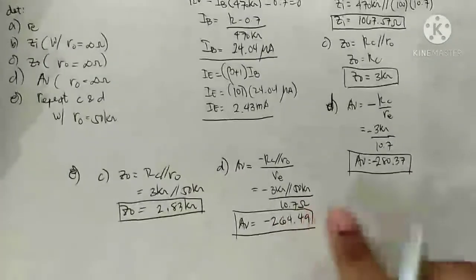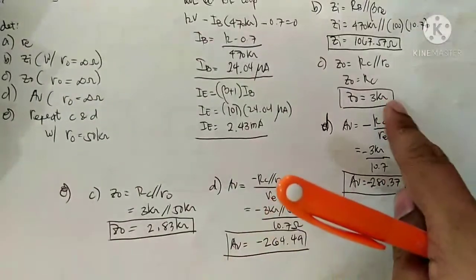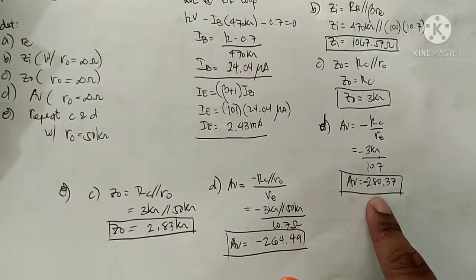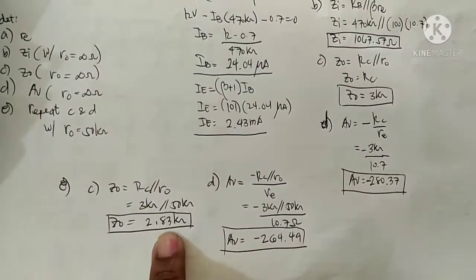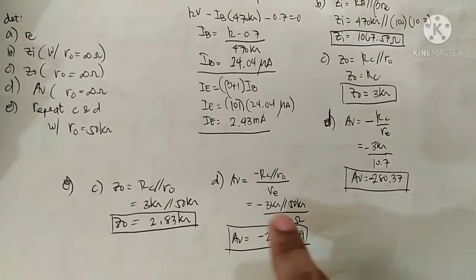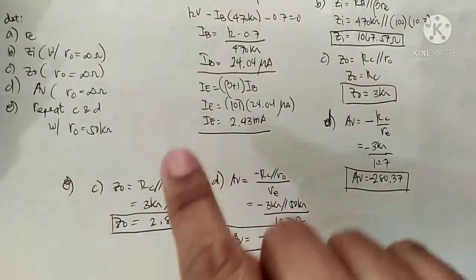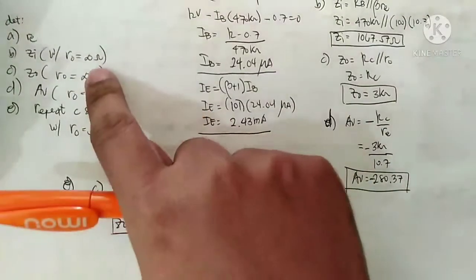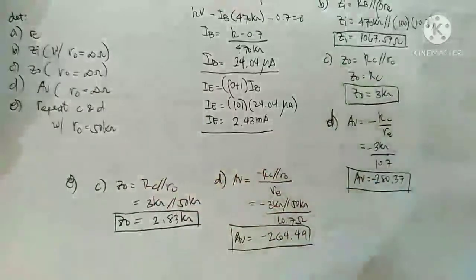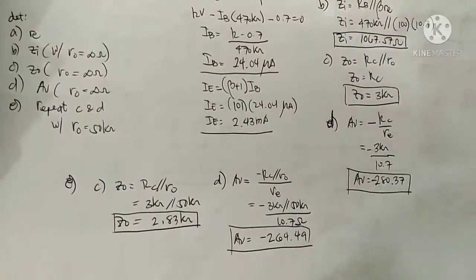So let's compare them. Without RO, we have 3K and negative 280.37. Then with RO, 2.83K and the voltage gain of negative 264.49. In the specification the RO is there and it doesn't go away. But in order to minimize our computation and hand calculations, we're going to use the approximate method.